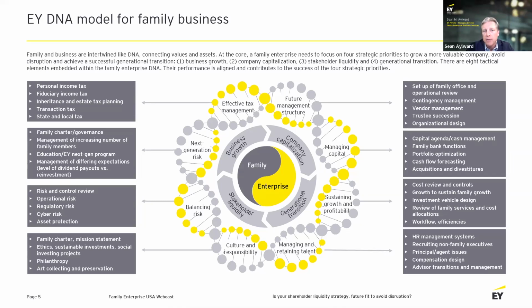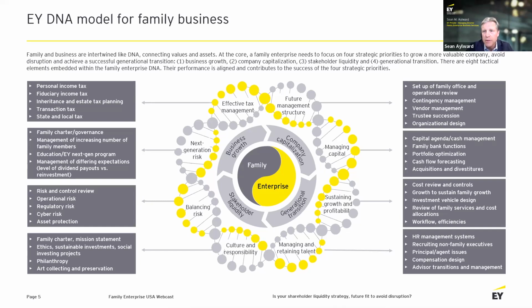And you'll see here that we have family and enterprise intertwined in the beginning. We really believe there are 4 core strategies that each family enterprise has to develop to be successful and to minimize disruption. And you'll see those being business growth, company capitalization, generational transition, and shareholder liquidity.